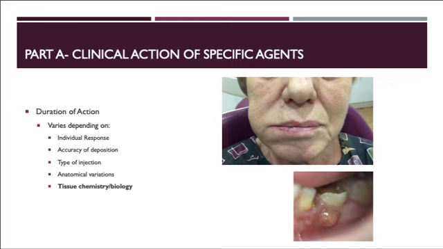So we talked about individual response, accuracy of deposition, the type of injection, and anatomical variation, and how all of those affect the duration of action of a local anesthetic. The last thing is something that we're going to be revisiting from our last lecture, and that is the chemistry and the biology of tissues, which can also influence the depth and duration of action.